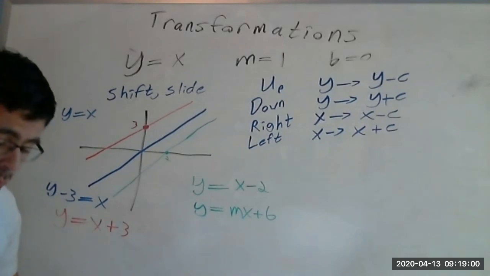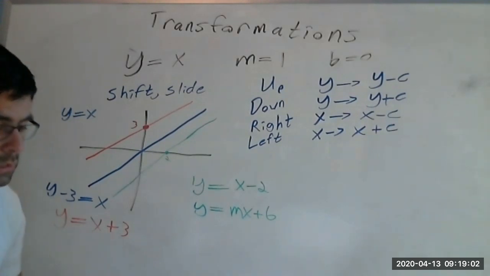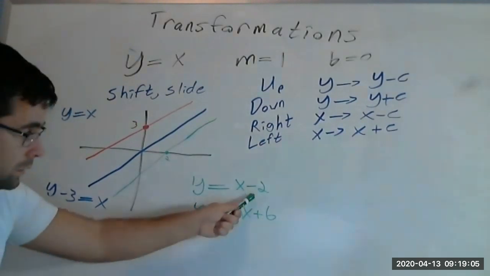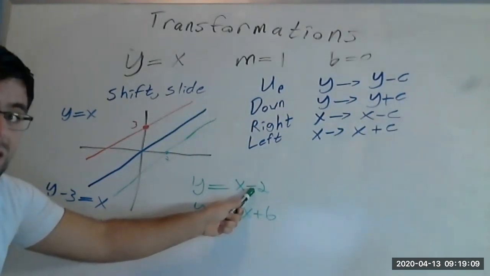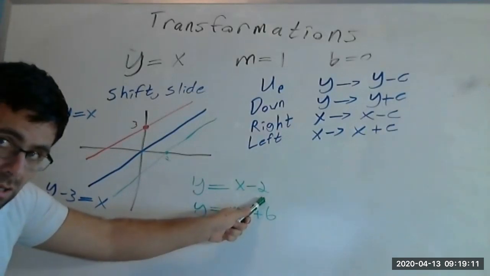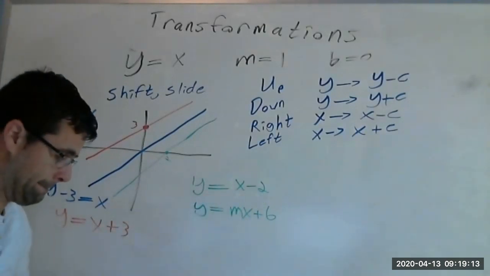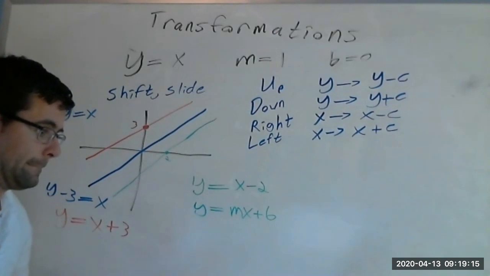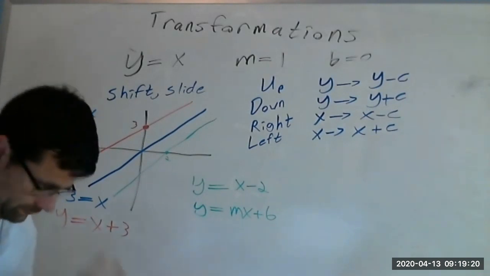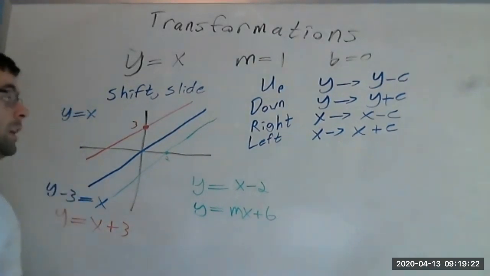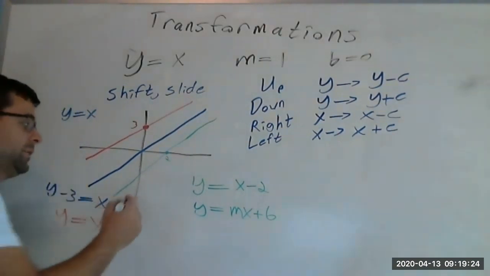Not 2. It's -2. So the y-intercept is -2.